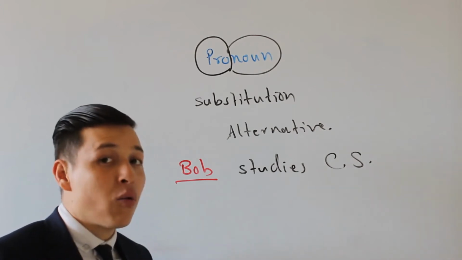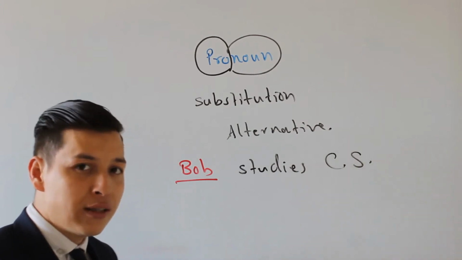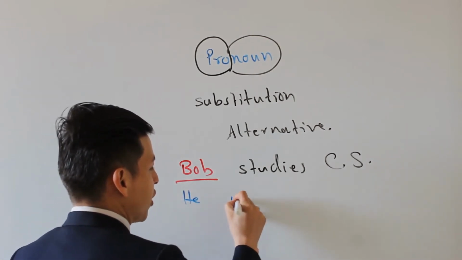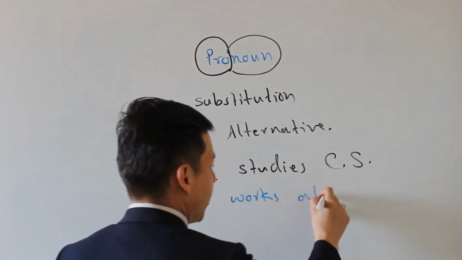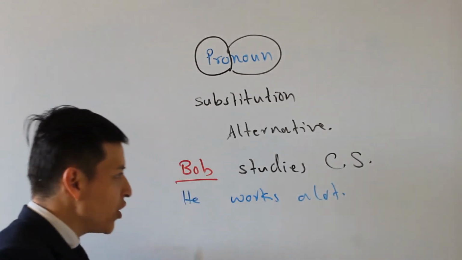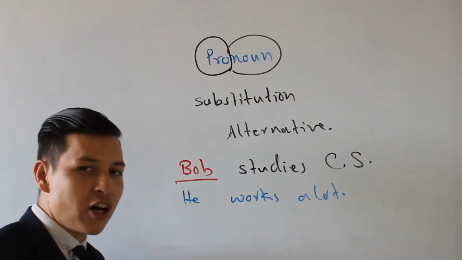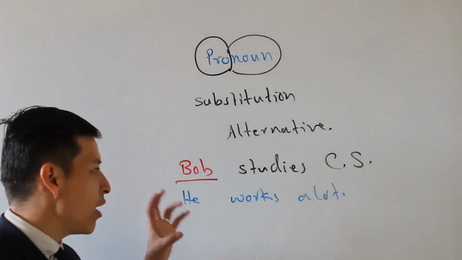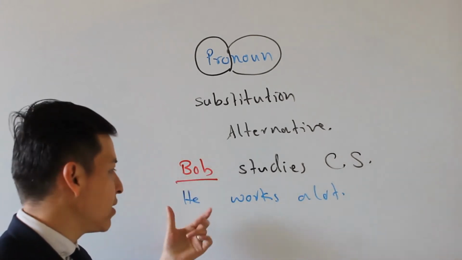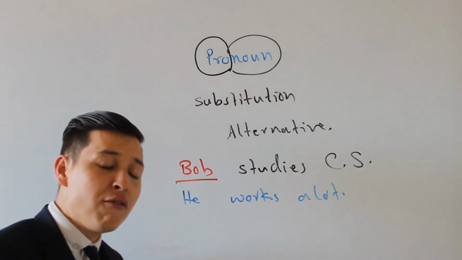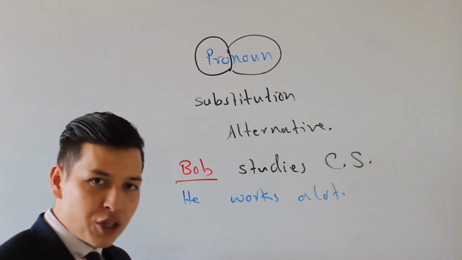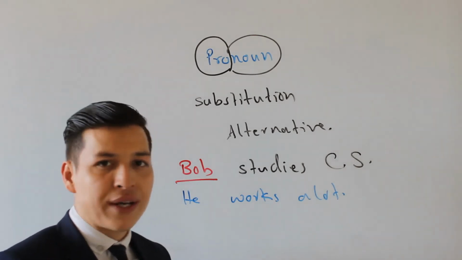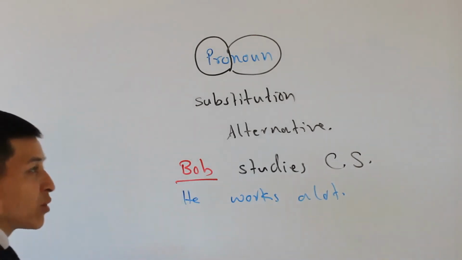So now we need to use a word, and that word will be a pronoun. Then I will say that he works a lot. Bob studies computer science. He works a lot. If I write some more sentences about Bob, I will not repeat Bob. Instead of that, I will write the pronoun of Bob. So pronoun is a word which is used instead of a noun and prevents its repetition in a paragraph or in an essay.